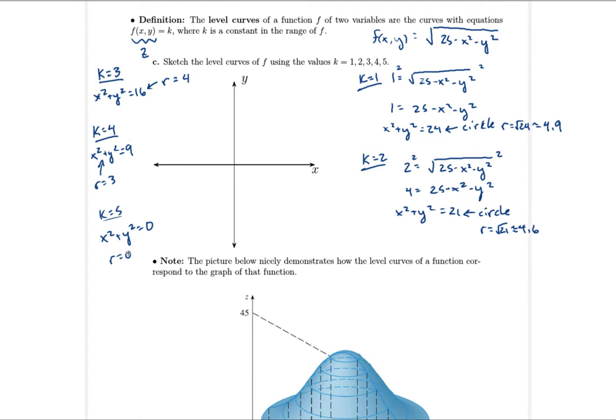So all we need to do to sketch these things that we call level curves is to sketch a bunch of circles in this xy plane here. And the most that we ever go out is out to 4.9. So let's go ahead and count out 5.